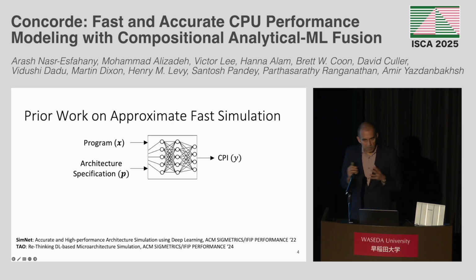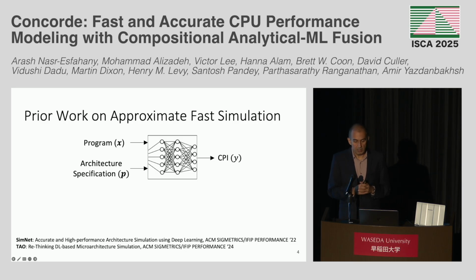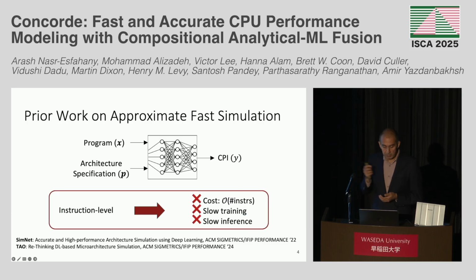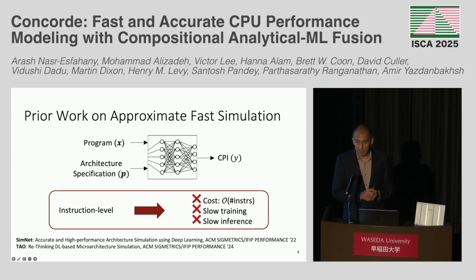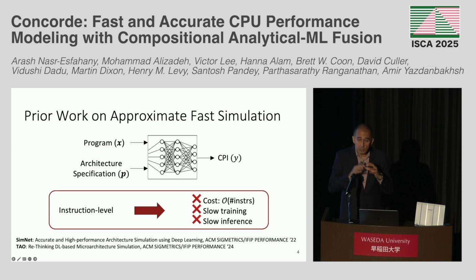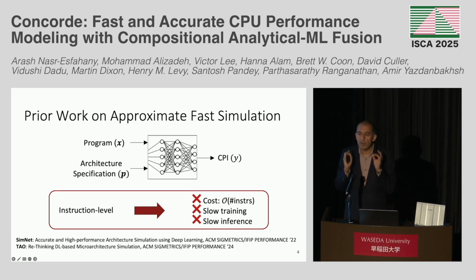These methods are very promising, very encouraging. However, black box ML models operating only on the instruction sequences have several limitations. Their runtimes still scale unfavorably with the number of instructions that we want to simulate. Their ML model tries to learn all the dynamic interactions, which is a very complex system, only from the raw instruction sequences.